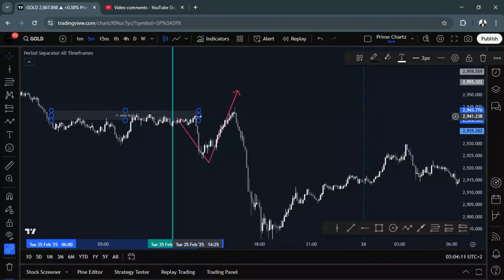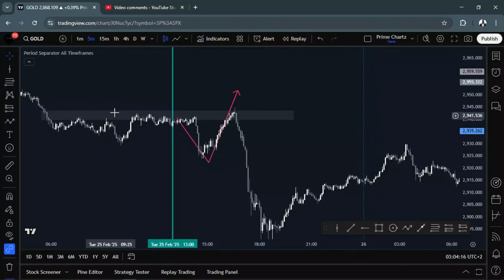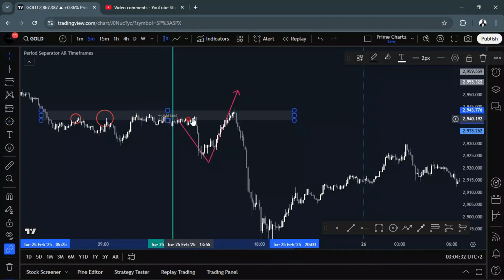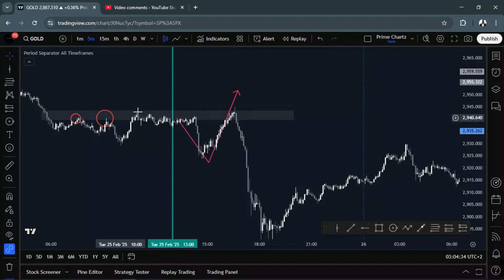So price has been failing to push above this level right here. We can see from here price failed to go above, and again from here, and also from here we see price has been failing to go above this resistance zone right here, right?